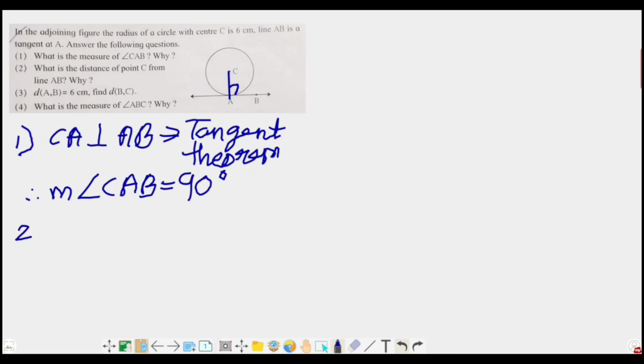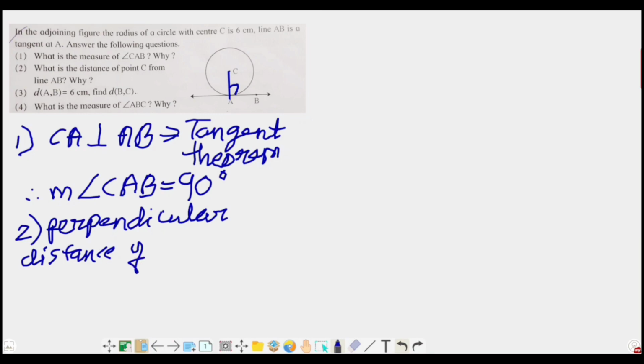Now, in the second part, what is the distance of point C from line AB? Now, perpendicular distance of C from AB is 6 centimeter.